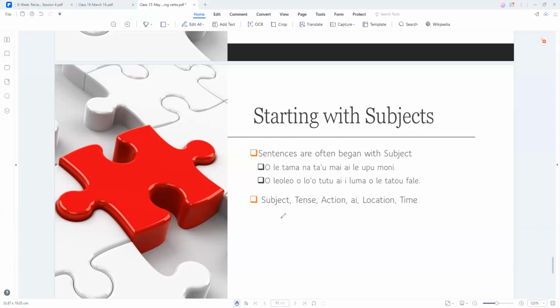Instead of starting with the action, like win the boy or win the team, and translation was the team wins. Here we'll start with like the team, oleao, and then na, that's our past tense, and then fayaina, na fayaina, the team lost.